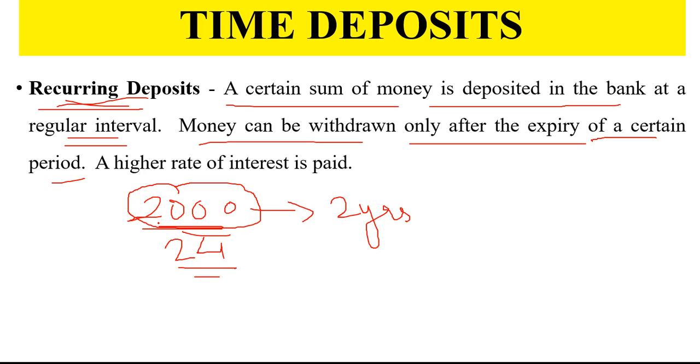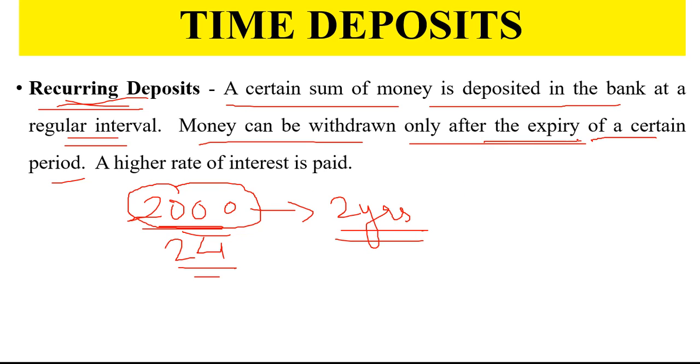If you multiply 2000 by 24, you will get around 24,000 or 25,000 after 2 years, along with your interest. You cannot withdraw the money in between the 2 years.